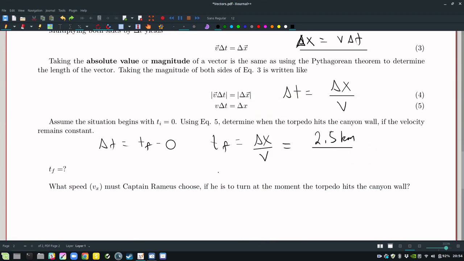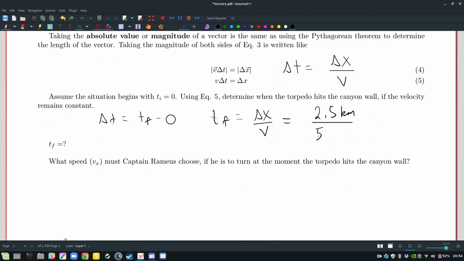So if we know that 50 kilometers per hour, let's handle those units first. The kilometers cancel. 1 over 1 over 1 hour is just an hour. And then what's 2.5 over 50?